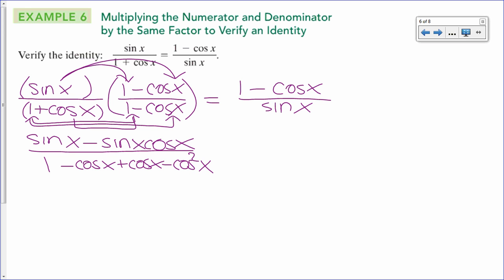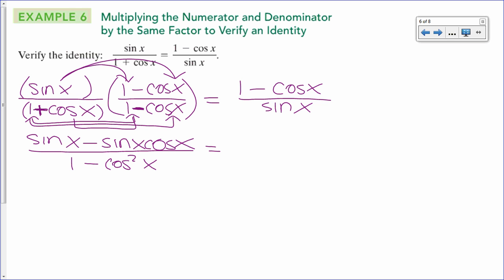But what you could have told me is that since the signs are opposites, what happens to the term in the middle? It cancels. Right? So I didn't even have to do all that. I could have just said 1 minus cosine square x.